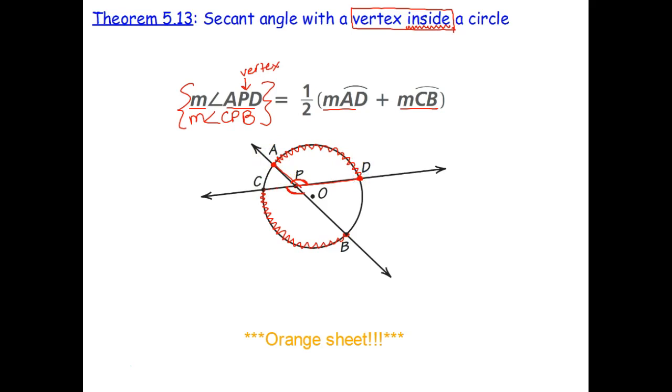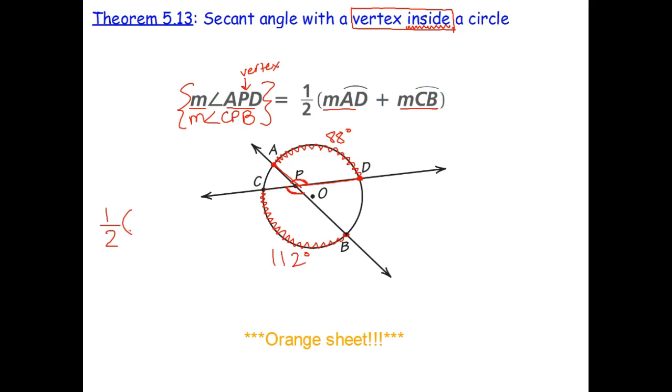So these are the two arcs that you would add together, and basically what you're doing is you're finding the average or the mean of those two arcs. So just for example, let's say that this was 88 degrees here and this was 112 degrees here, and this is not to scale, so don't think poorly of me for this, but this is just for the purpose of giving us an example to see.